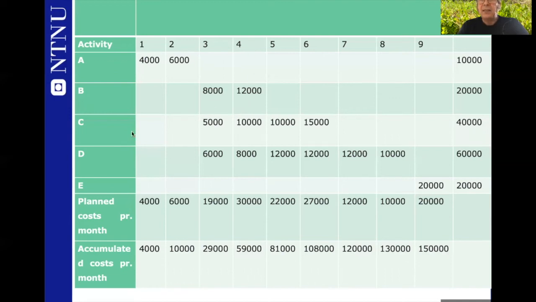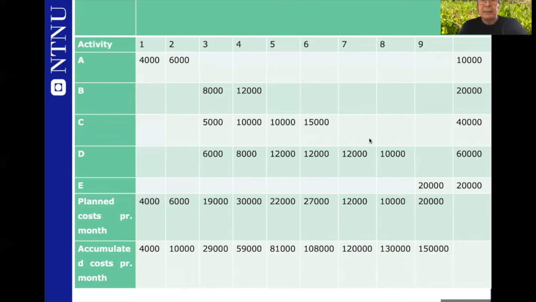For C, similar distribution. First month 5,000, and then 10,000, and then 15,000. And for D you have 6,000, 8,000, and so on. For E it has only a duration of 1 month, and we use all this amount in the last month.